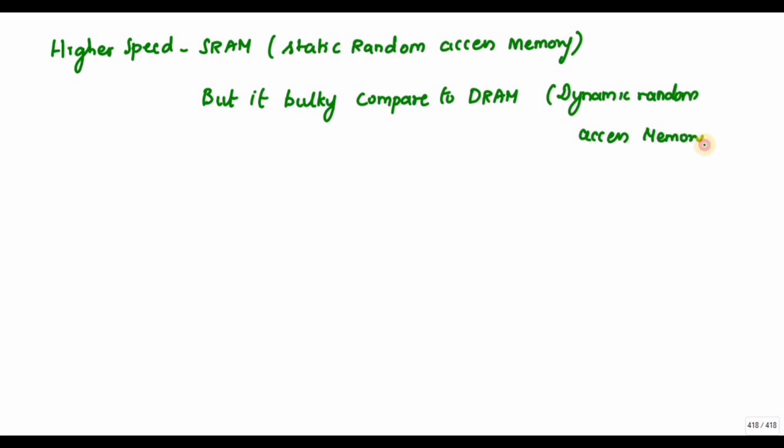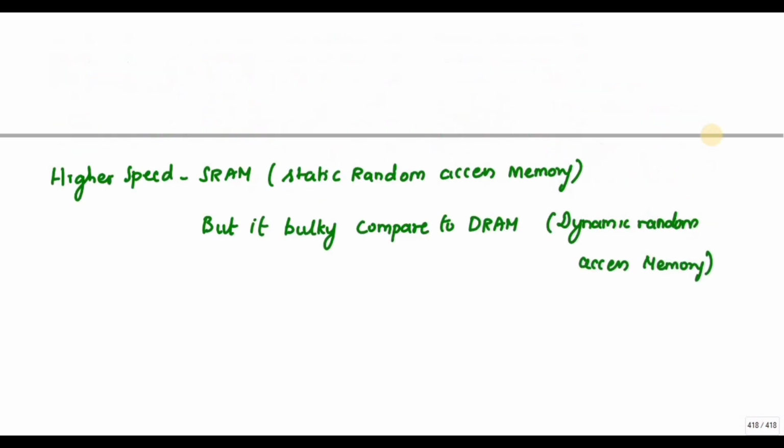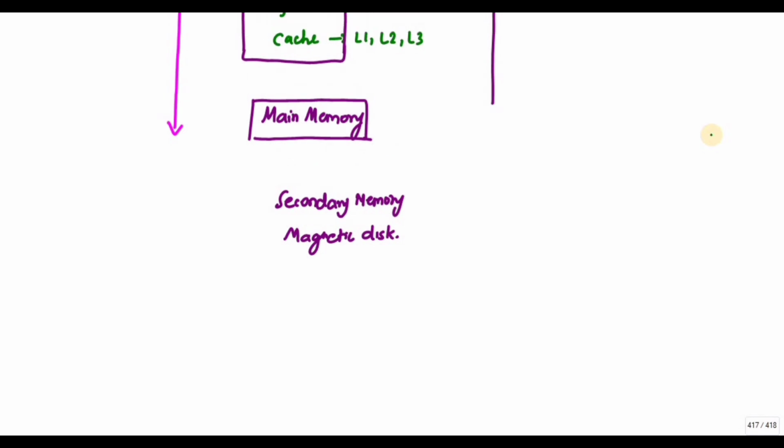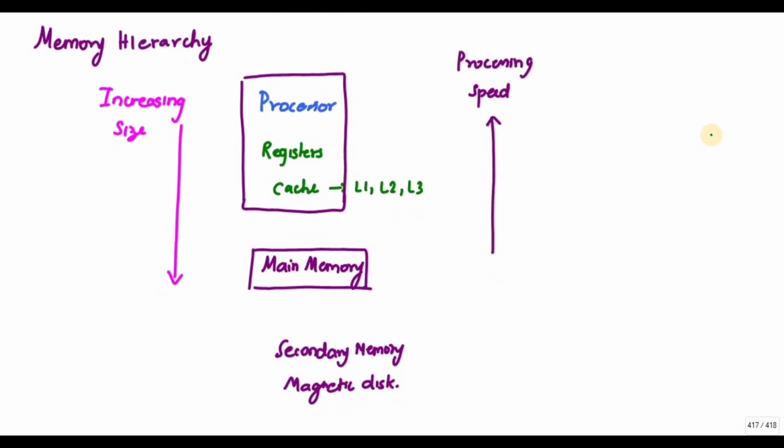Since the cache memory and the processor register require high speed, these two must be of SRAM, whereas the main memory must be of DRAM.